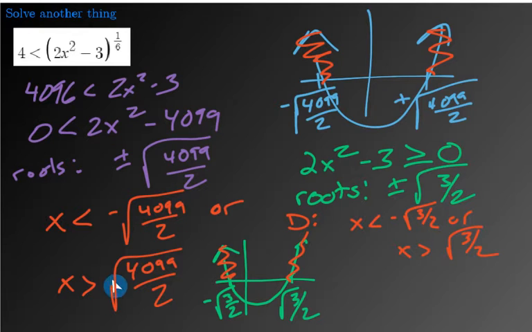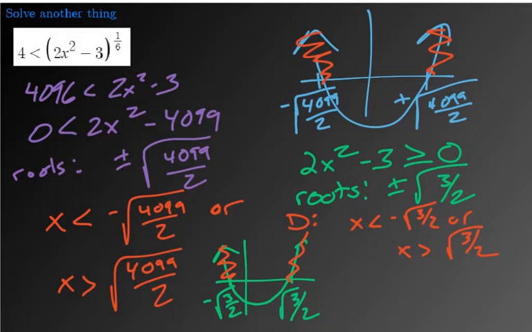And so now you just take your answer and check it against the domain. This one's a nice one because you can definitely see this number is going to be a bigger number than this number. So the square root of this larger number is larger, or in this case more negative. This one is actually larger.